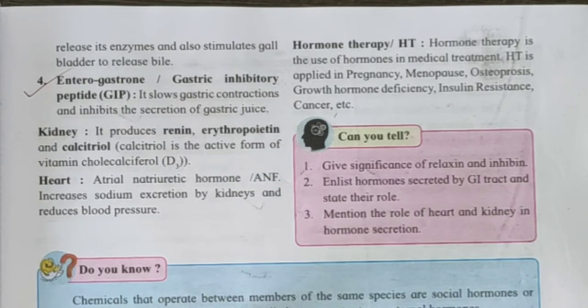We already know in the heart there are arteries and veins present, and a hormone is also present, called atrial natriuretic hormone. It is also called ANF, and it is helpful for our blood pressure. It decreases our blood pressure, and it also increases the sodium excreted by our kidney.